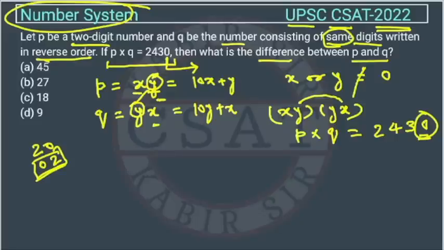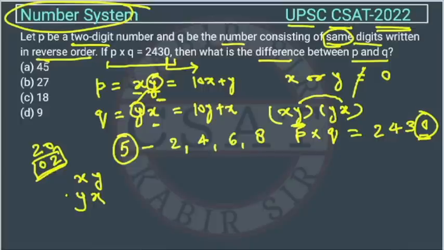This is possible only if, because 0 can't come, one digit is 5 and the other is either 2, 4, 6 or 8. Suppose y is 5, because the multiplication is like this, in this format, and this will be the unit digit place, where y is multiplied with x. So suppose y is 5, then x will be either 2, 4, 6 or 8.